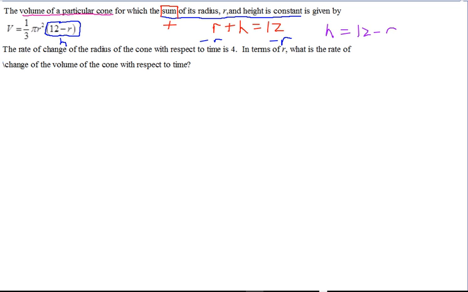Now, let's see what we're asked to find and what we're given. So it says the rate of change or derivative of the radius of the cone with respect to time is 4. So that's giving us the rate of change of the radius, dr/dt equals 4.